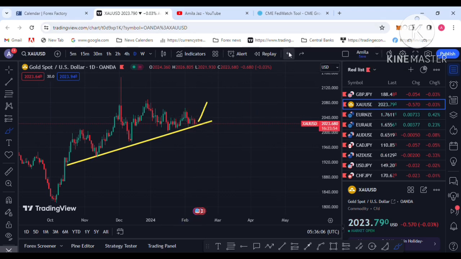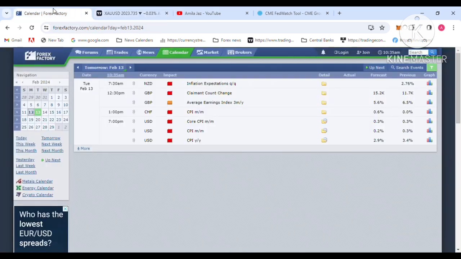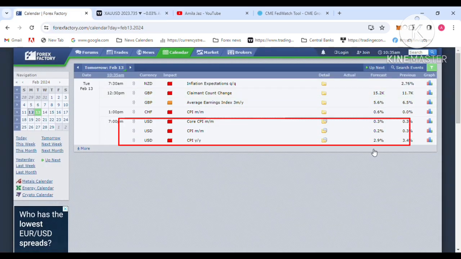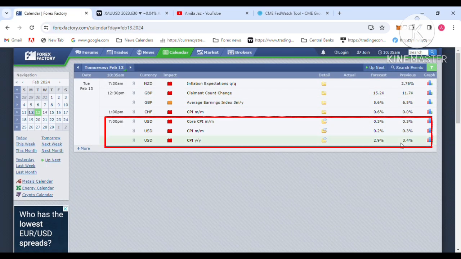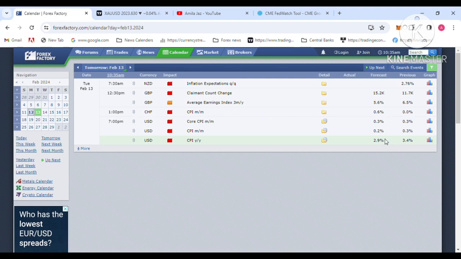The other side is if the CPI data report, the inflation report, does not drop. It's like above 3%, 3.1%, 3.2, 3.3, or the current rate of 3.4%. If it was not able to break below 3%, that is dollar demand.